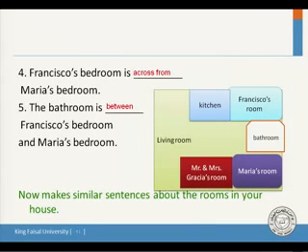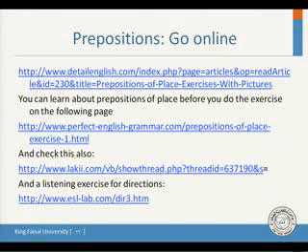Now, it's your turn to write similar sentences about the rooms in your house. Okay? Now, on this topic we have several web pages about prepositions, because there are many prepositions in English and you need to learn as many as you can.